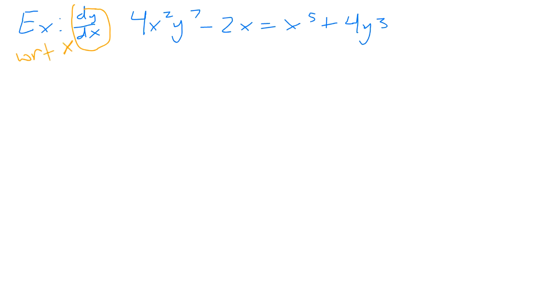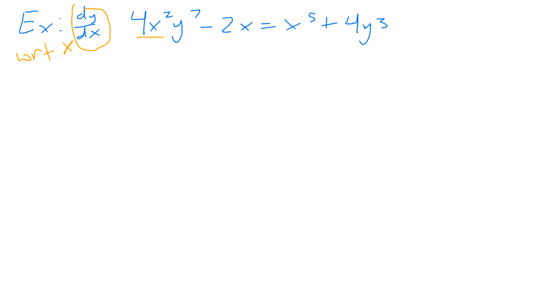Now let's go ahead and start our deriving process. For this first part, we have a 4x squared y to the 7th. So in this case, we need to use our product rule. First, let's derive our x.